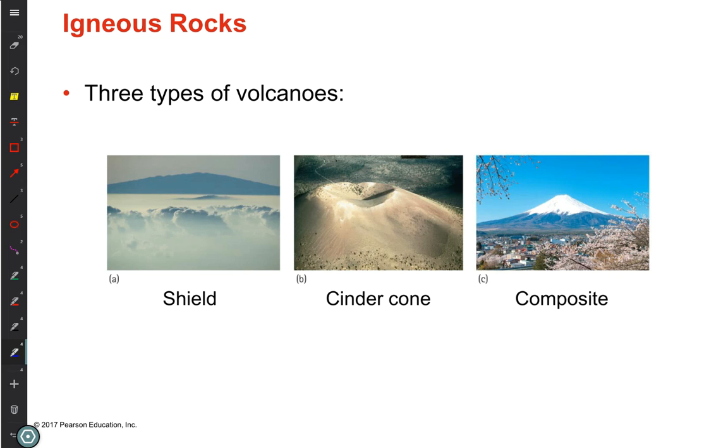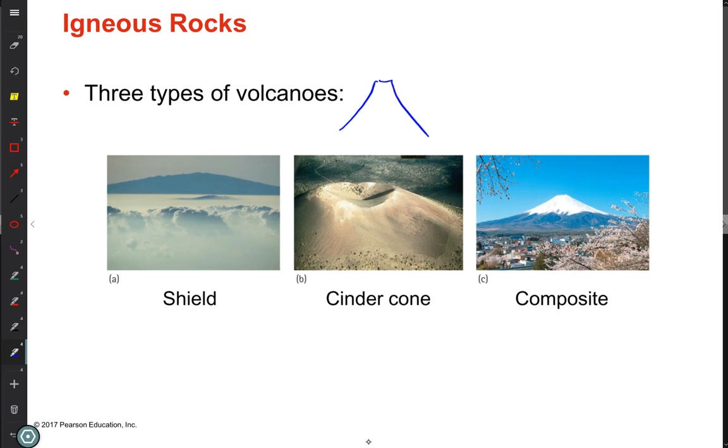Now, of the volcano types, we have cinder cones. The cinder cone is the idea of you have something that's erupting up, and stuff falls down on the sides, creating the cone.